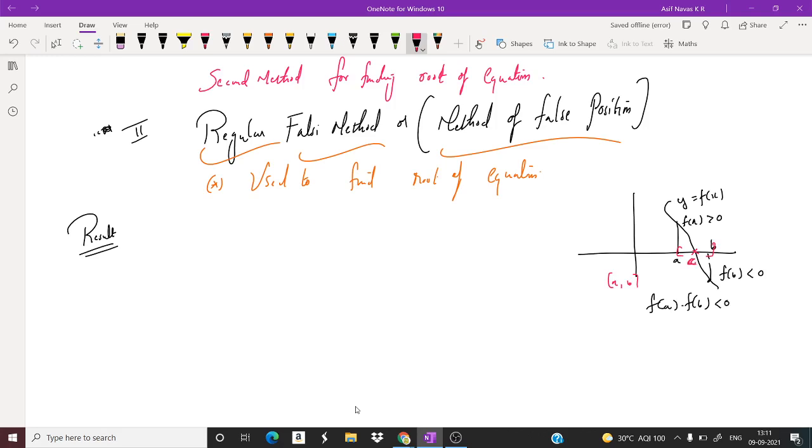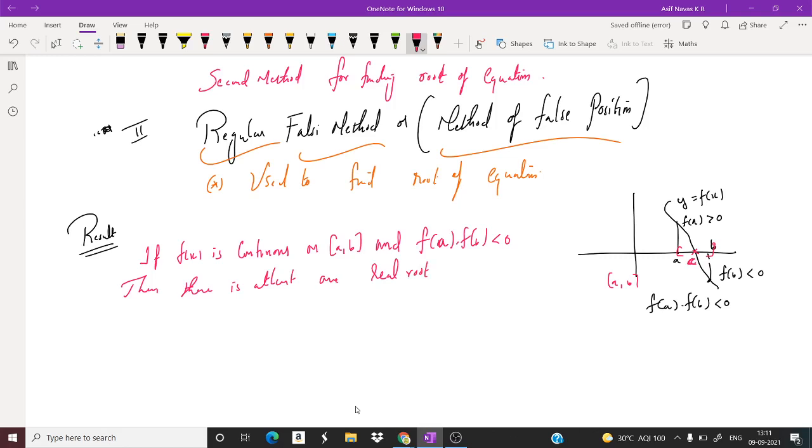So the result: if f of x is continuous on closed interval a b, and f of a into f of b less than 0, that means either f of a less than 0, f of b greater than 0, or f of b less than 0, f of a greater than 0, then there is at least one real root in the interval a b.